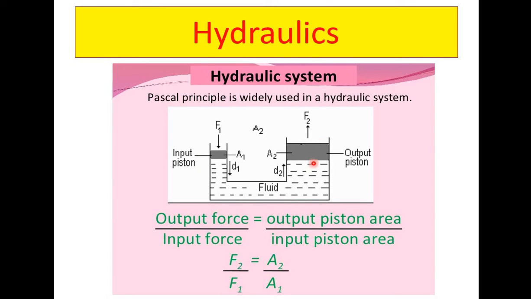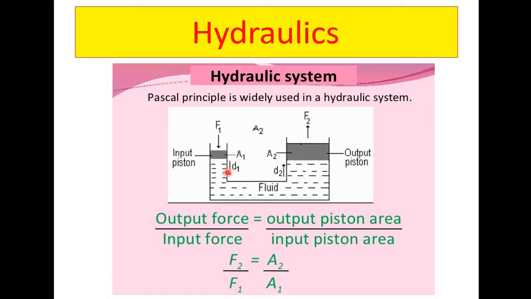Now we go back to this hydraulic system. The Pascal principle is widely used in hydraulic systems, where you have the force. F1 is a force, F2 is also a force. F1 is the input force, the force that you apply. F2 is the output force, the force produced from F1. A1 is the area here, A2 is the area over here.